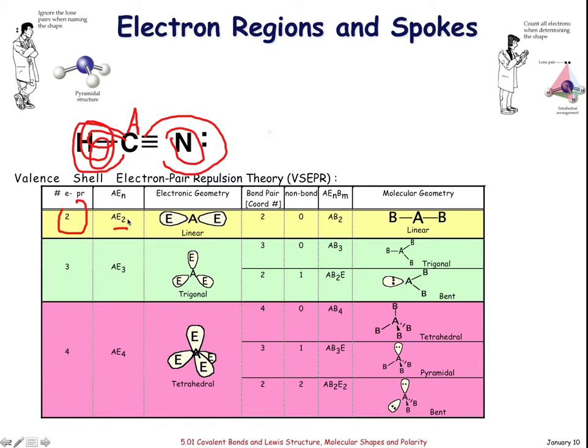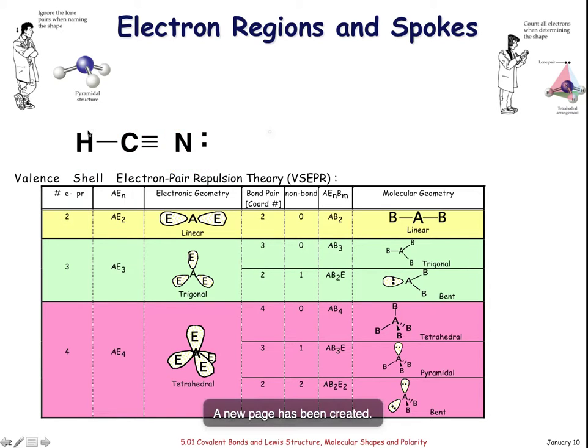And then if we take a look at these 2 regions, at the end of these regions are 2 bonded atoms. So that's why we go from AE2 to AB2, because there are 2 bonded atoms, no lone pairs around that central atom, so the molecular geometry is linear. It's got an ABE system of AB2. That's HCN.